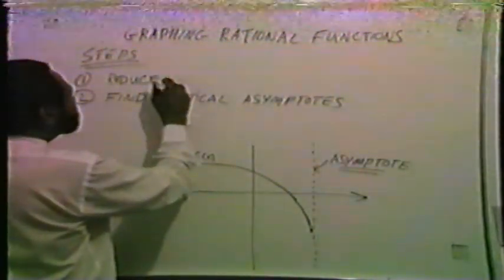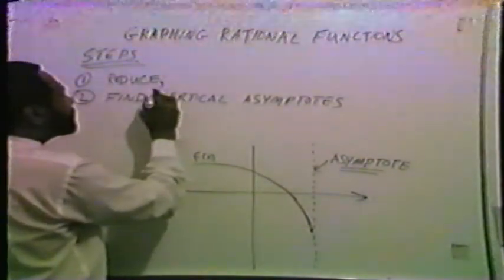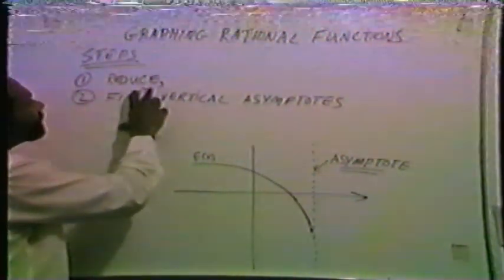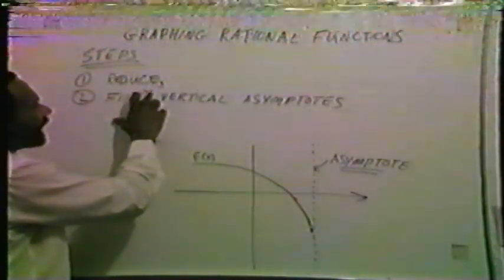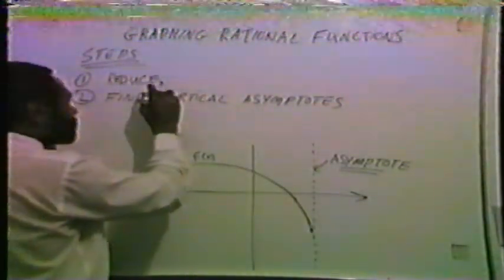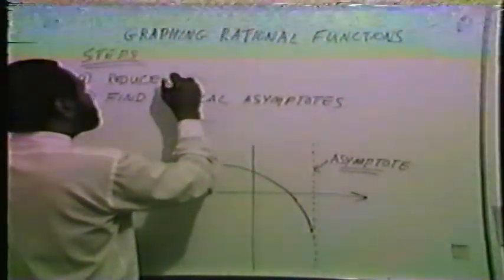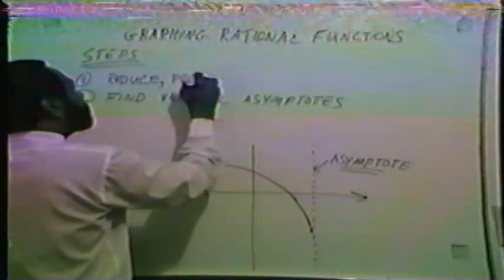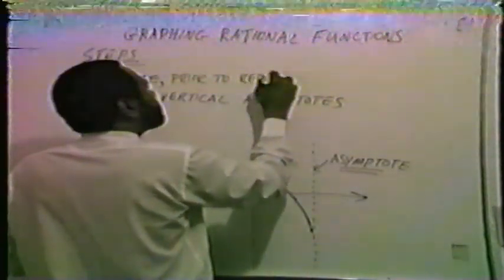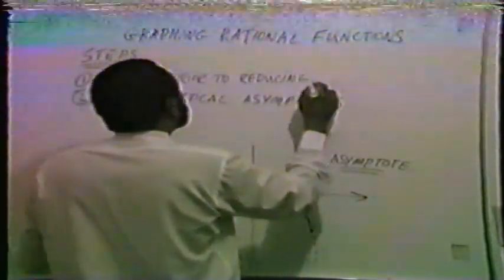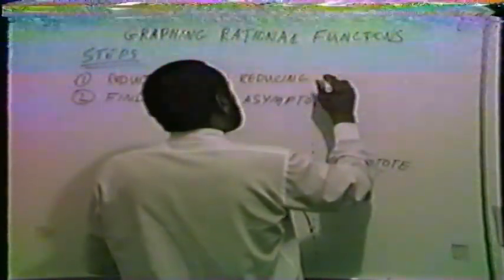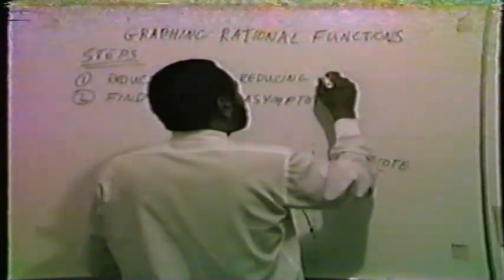Before reducing, you have to exclude values from your domain that will make the function undefined, values that will give you 0 in your denominator. So prior to reducing, you have to exclude values that will give you 0 in your denominator.